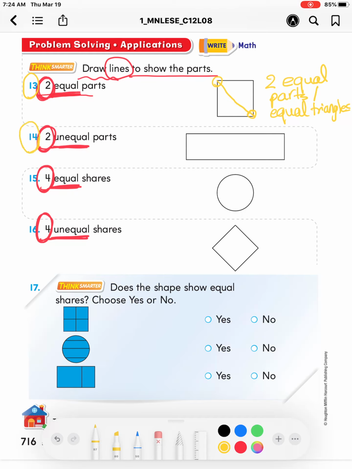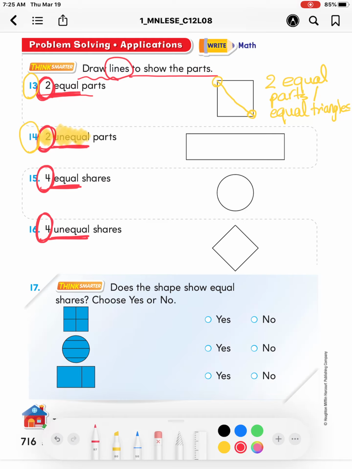So what about question number 14? It says 2 unequal parts. So can I draw it like this? No, I will have 2 equal parts. That's why I told you that you should underline the 2 and the unequal.